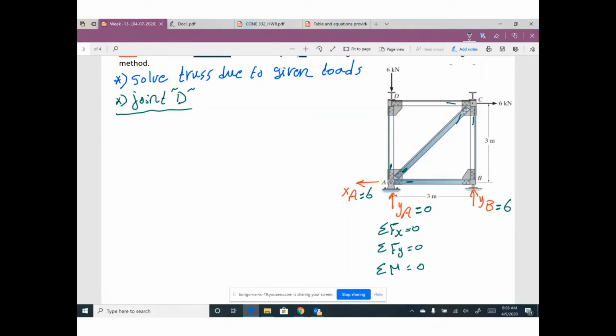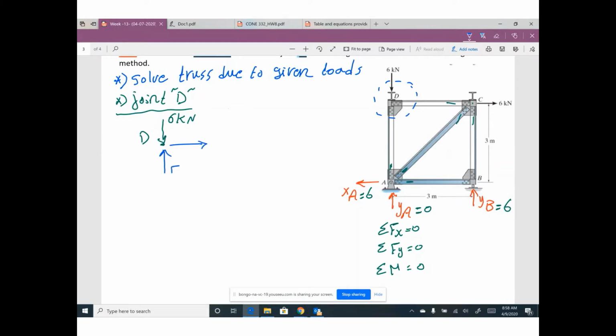Let's start with joint D. What do you have at joint D? Joint D, we have vertical load 6 kilonewton. I have a horizontal member and a vertical member, nothing else at joint D. I will assume this member is tension and this member is compression.